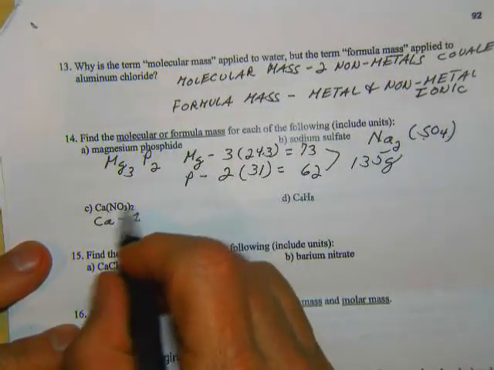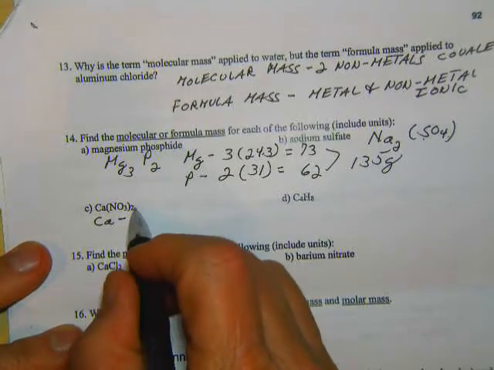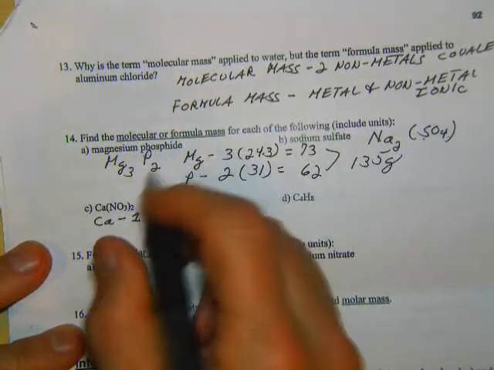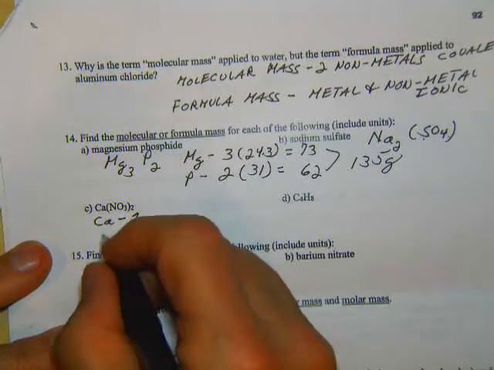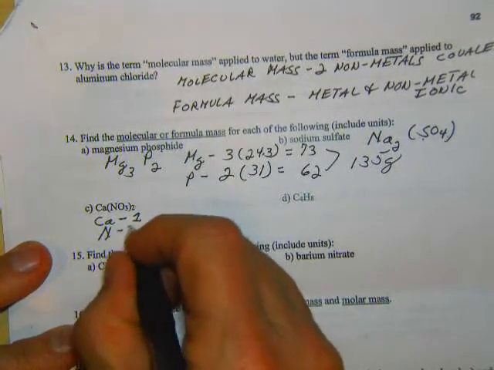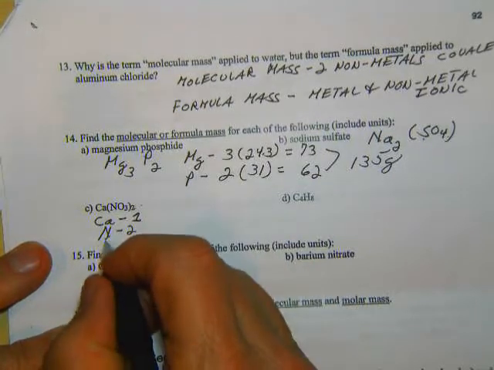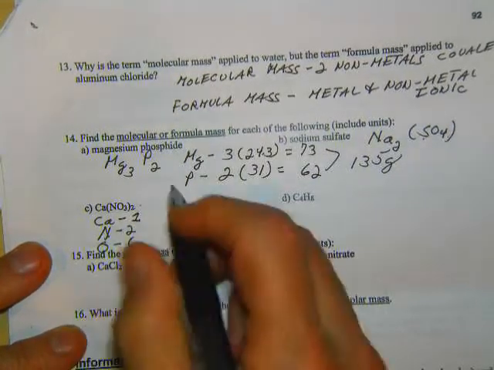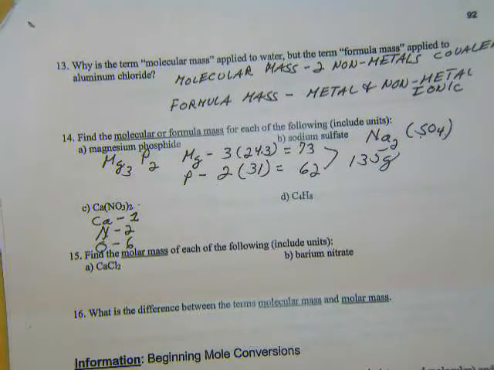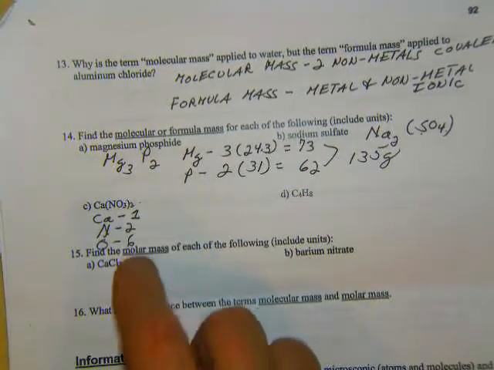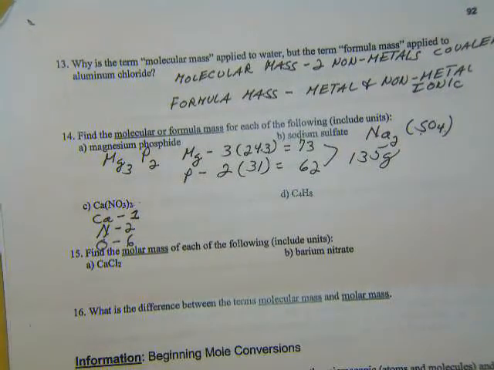This is like multiplying each of these. So 2 times 1 is 2. So nitrogen, we've got 2. And then 2 times 3 for oxygen is 6. So then we look on the periodic table, find the atomic masses, multiply by these numbers, and then add everything together.